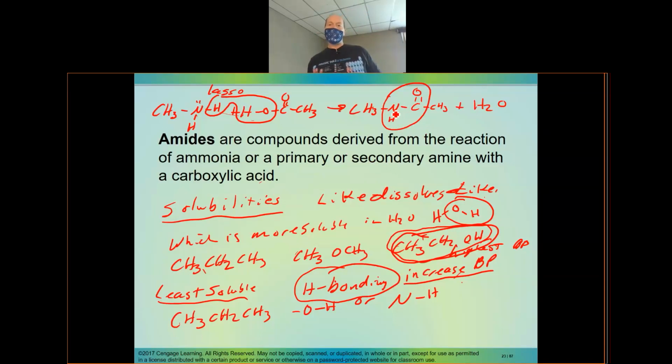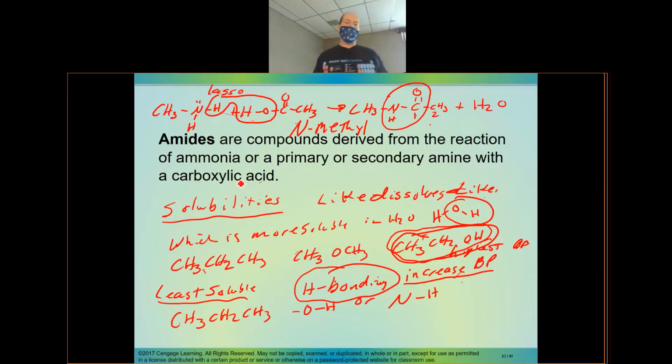Now, to name an amide, you have to name the group coming off of the nitrogen with a capital N. And so this is a capital N, and that is treated as a number, requires a dash after it, methyl. So we have an N-methyl. And then on the other side, C double bond O, we need the longest carbon chain, which is 2.